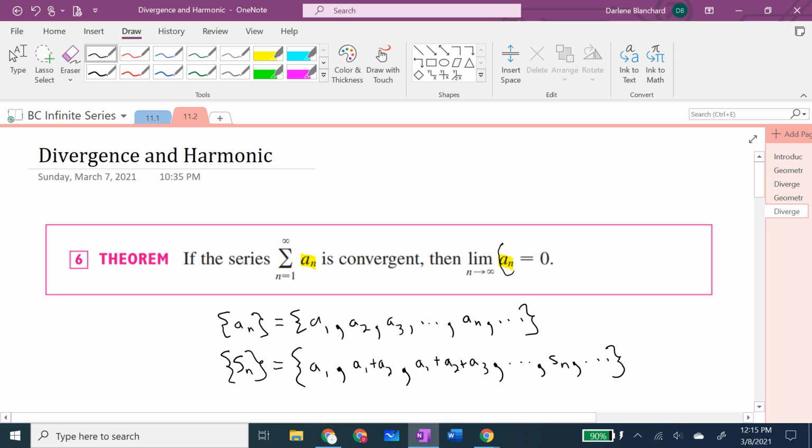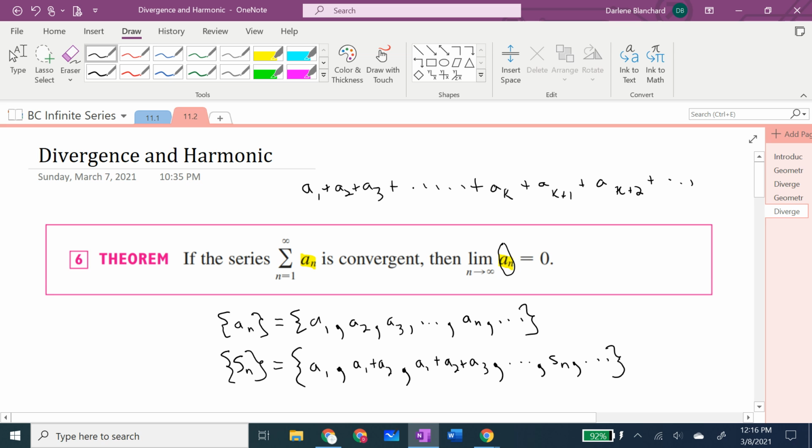To say that just the term itself is heading to 0 is basically saying if I'm adding a bunch of these, and now I'm just going to put down like AR. I shouldn't use an R. I just realized I'll put A sub K for some other place, and then A sub K plus 1, A sub K plus 2. And this just keeps going and going and going.